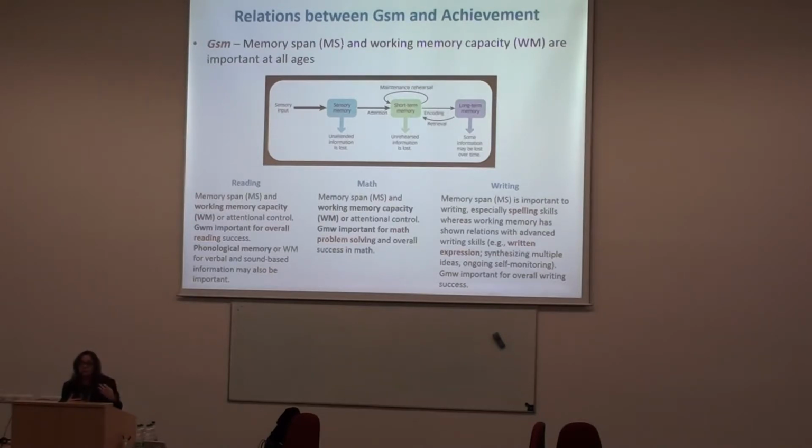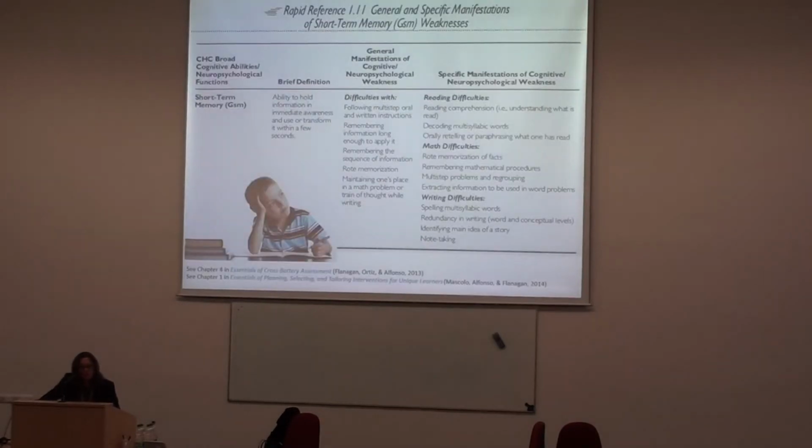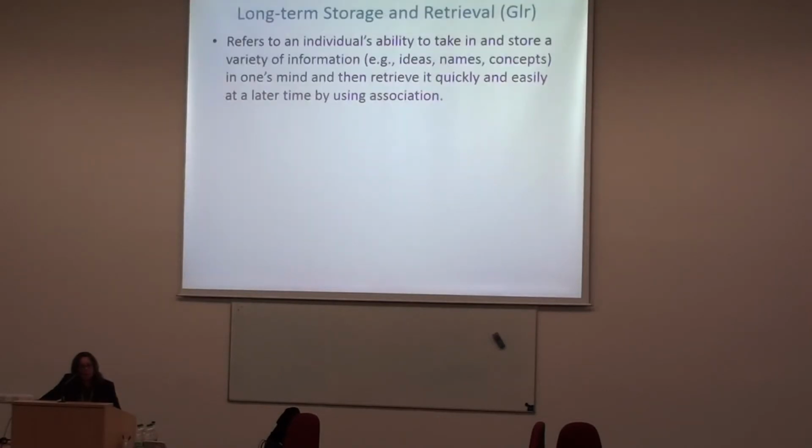And so individuals with working memory deficits are going to struggle in the learning process in general and are going to need to be provided with good compensatory strategies to help minimize the effects of their memory problems. Here's a manifestation table for short-term memory.